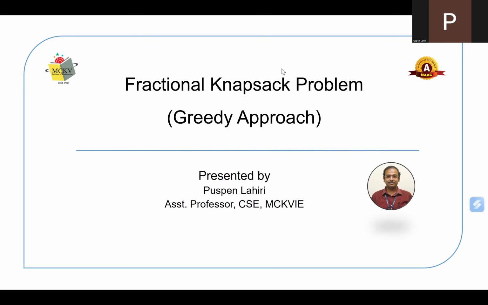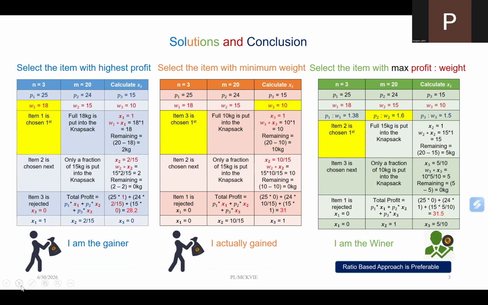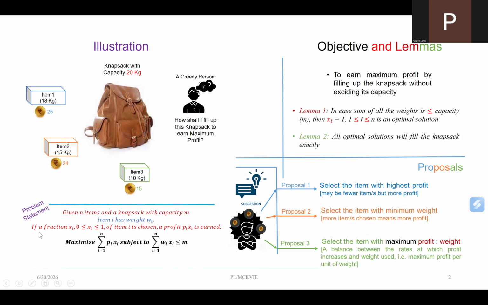Since the capacity is m, we require that the total weight of the chosen objects be at most m. So if a fraction xi, where the range of xi is between 0 and 1, of the item i is chosen, then a profit pixi is earned. Our objective is to maximize the profit subject to the total weight not exceeding the capacity of the knapsack.